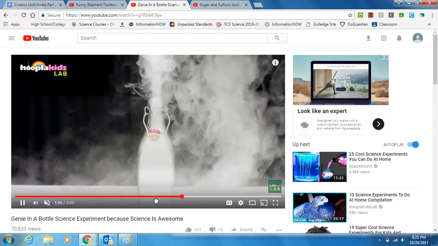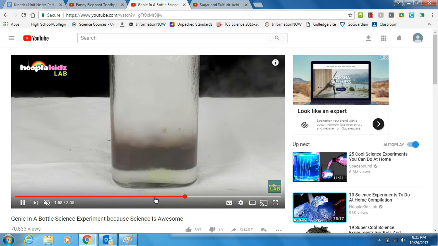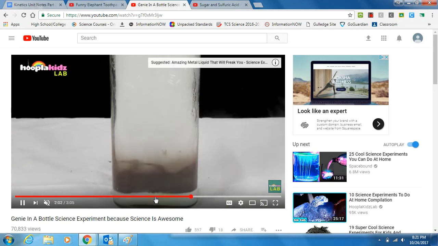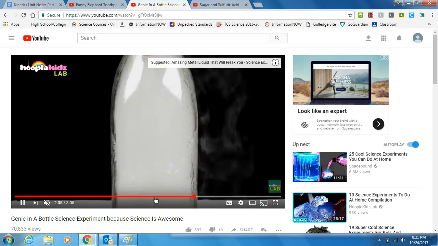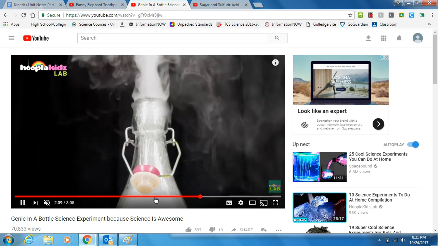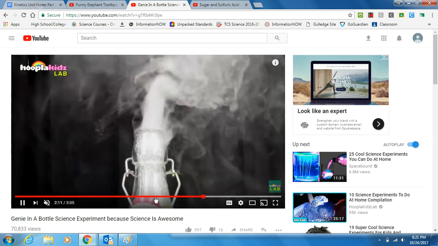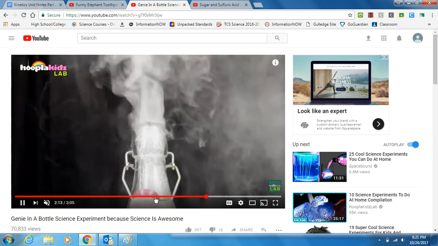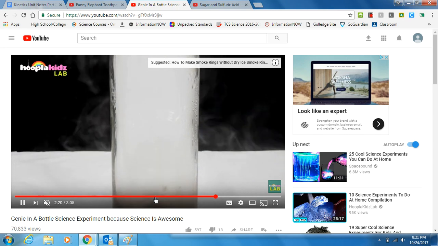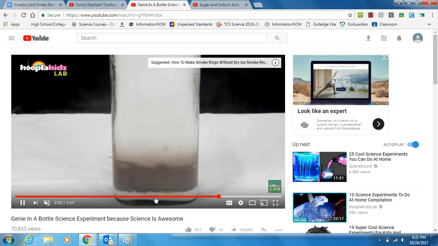What's happening is hydrogen peroxide is being broken down into oxygen gas and water. And it takes a very long time for hydrogen peroxide to do that. So this is the reaction for both the elephant toothpaste and the Genie in the bottle. It's just the hydrogen peroxide being broken down to oxygen plus water. Now, it is an exothermic reaction, so it releases a lot of energy.